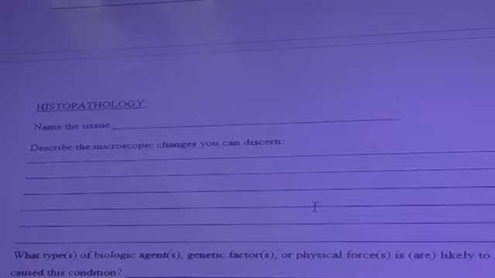Everybody got a CS5? More up here. There's some more. They'll name the microscopic changes you can discern.